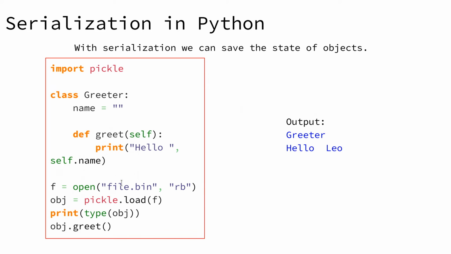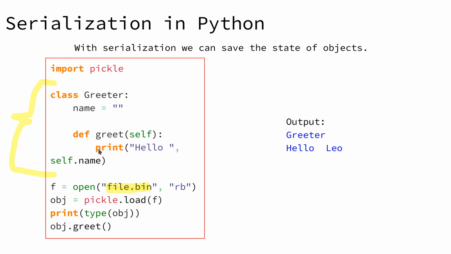So if later on I want to get the object state back, I open this file where I stored my object. I use pickle.load to deserialize the content of the file. And important to note here is that the class that is used in this serialized file has to be present when the object is deserialized, because, as I said, in the file itself there is no code stored, no function stored, no contents of a class, no type definitions.